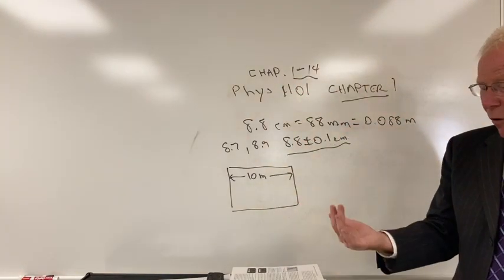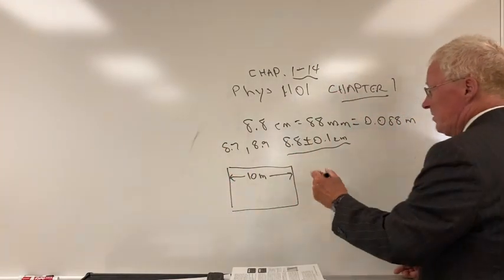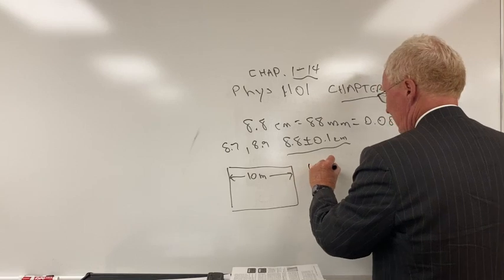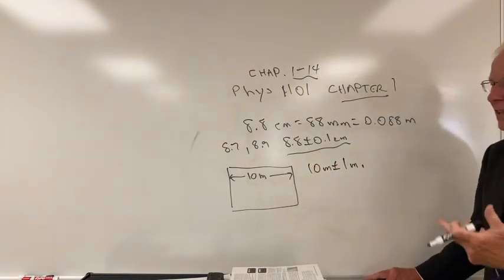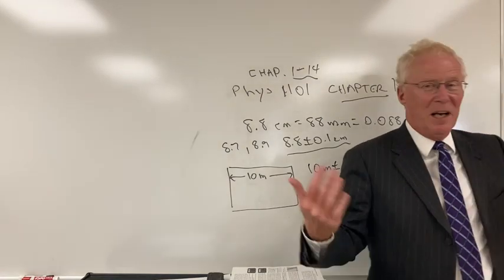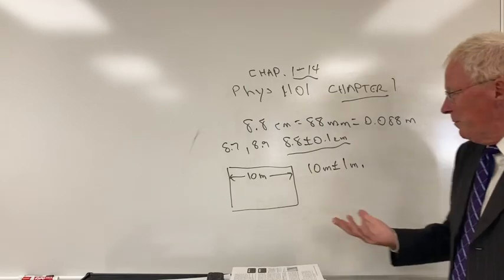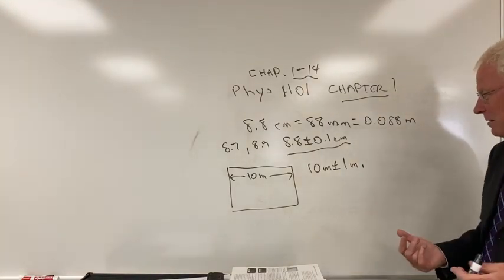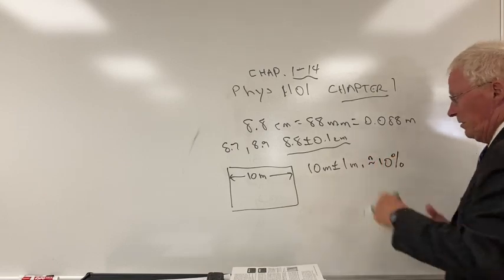If I paced it off just by walking it, I would say this is 10 meters plus or minus 1 meter. It could be 11 meters, it could be 9 meters. This is an accuracy of about 10%, which is probably about as good as I could do anyway.